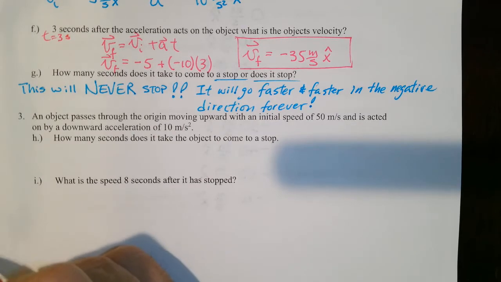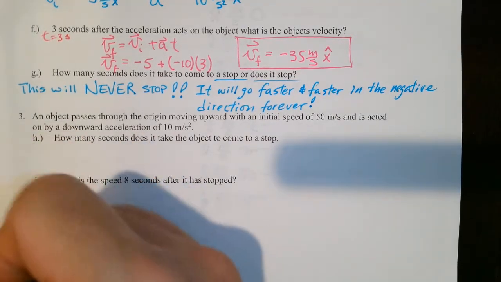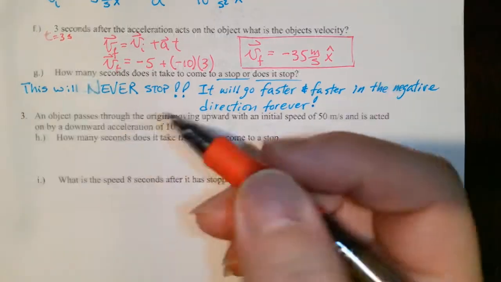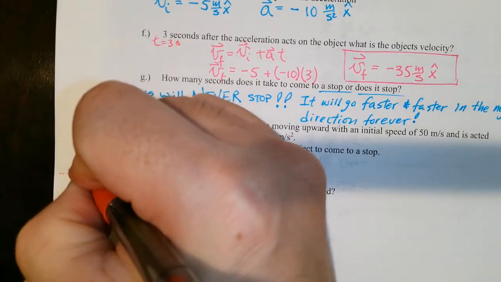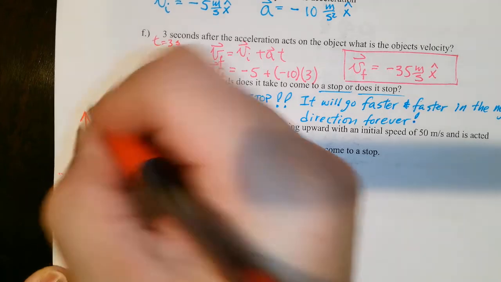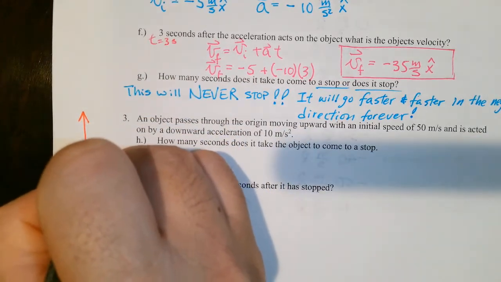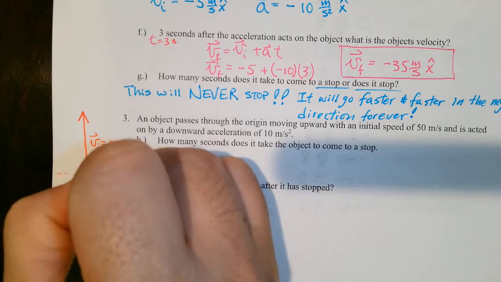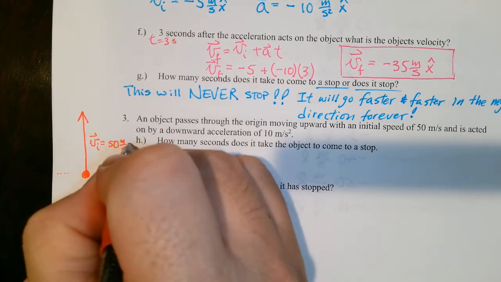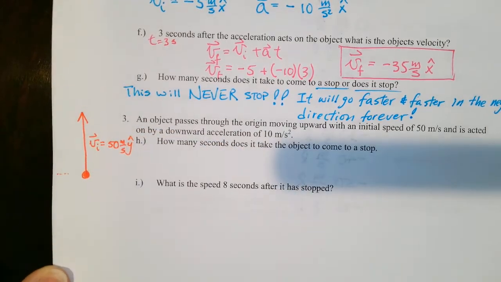It was thrown from way down there probably, and then it was moving up. And as it passes through the origin, it was traveling at 50 meters per second upwards. So my initial velocity is equal to 50 meters per second y hat. All right, and it's positive 50 meters per second.